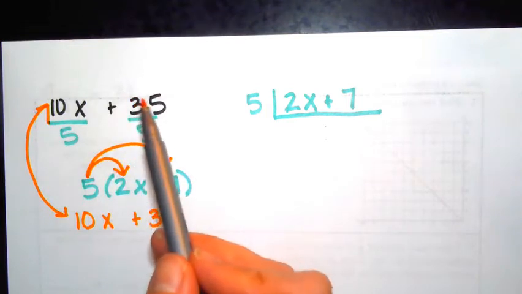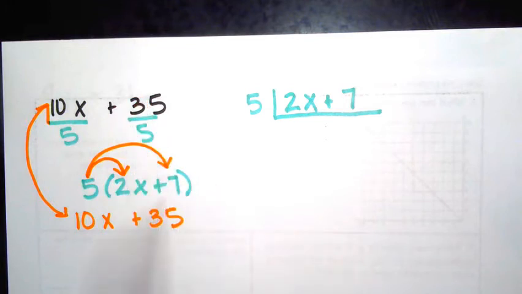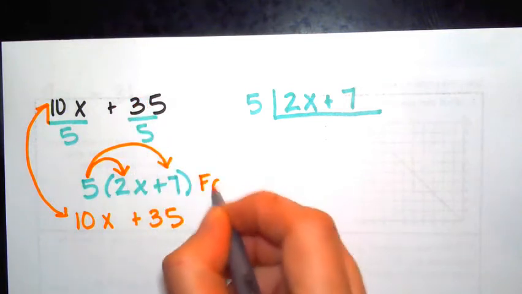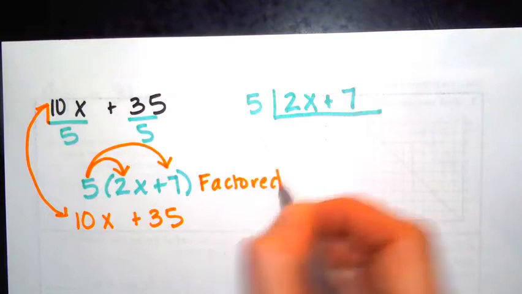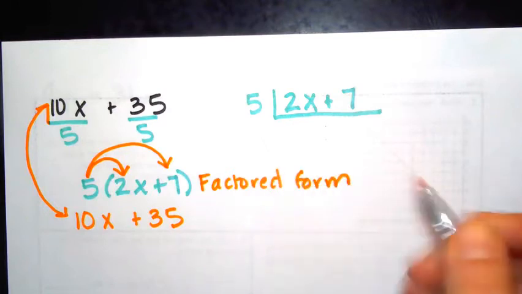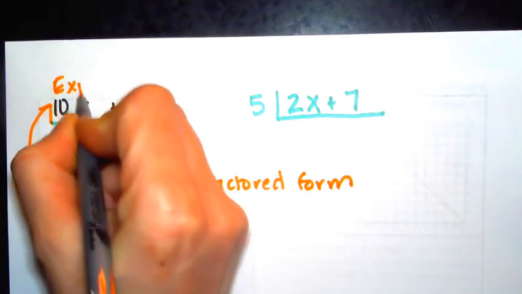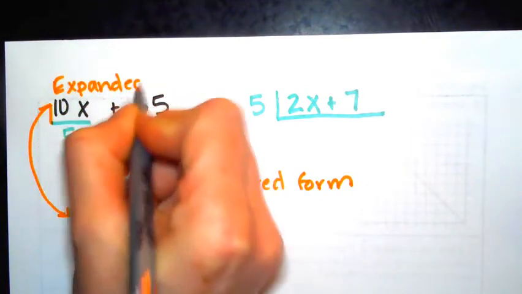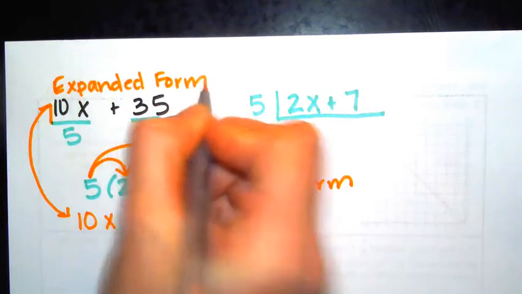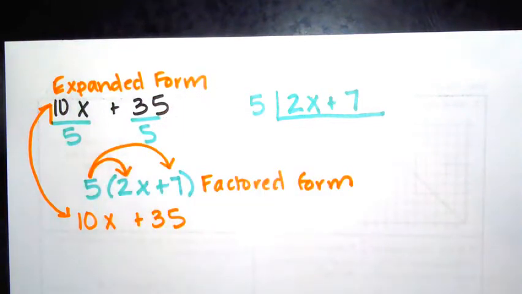They're the same thing. This is written in factored form, and this is written in expanded form. Same exact value. They're equivalent. They're just written different ways using the distributive property.